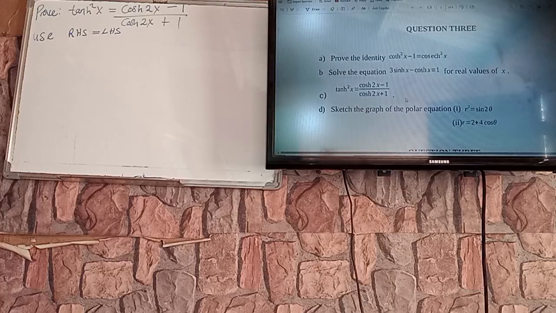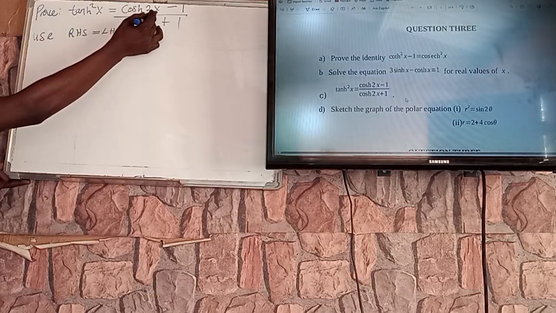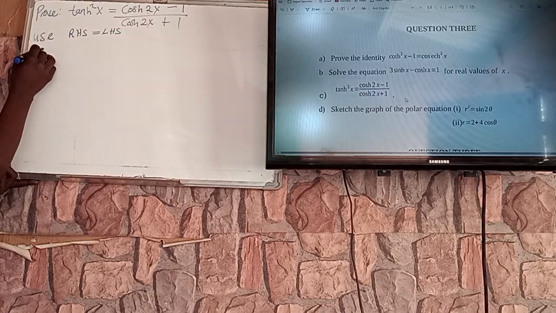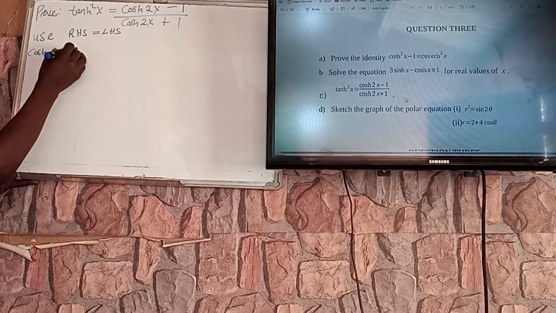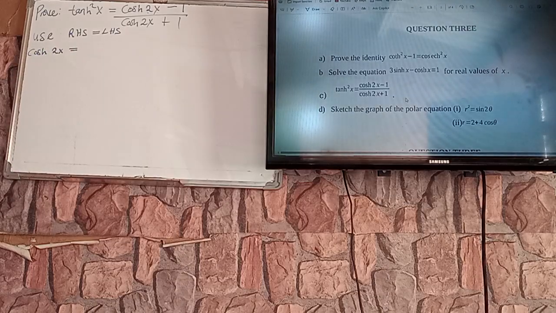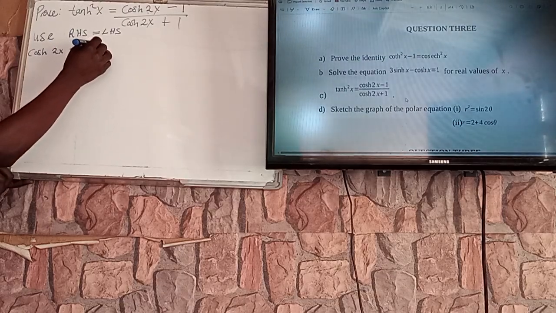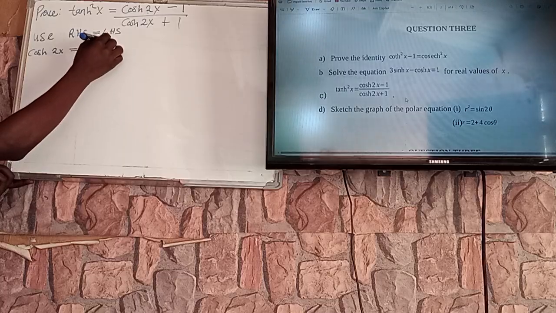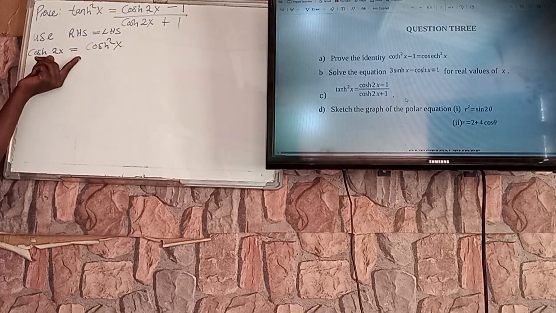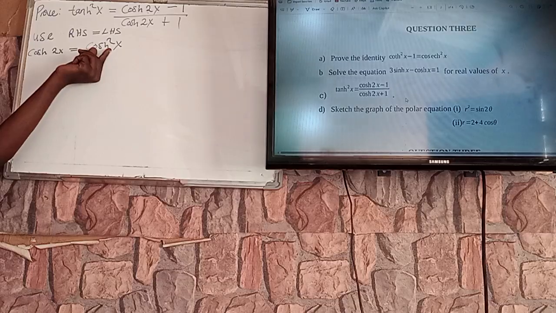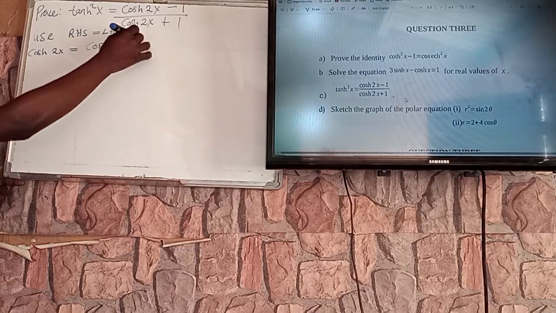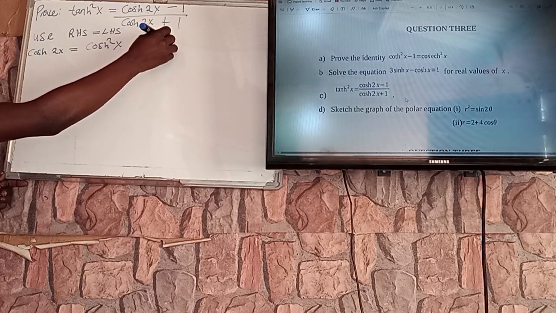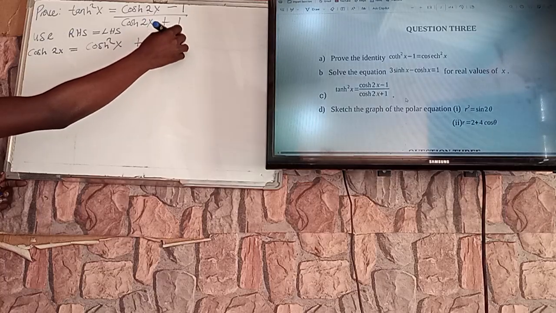So what identity can I recall if I look at my right hand side? I'm able to remember that the double angle here, cosh 2x, gives me a certain identity: cosh 2x is equal to cosh squared x plus sinh squared x.